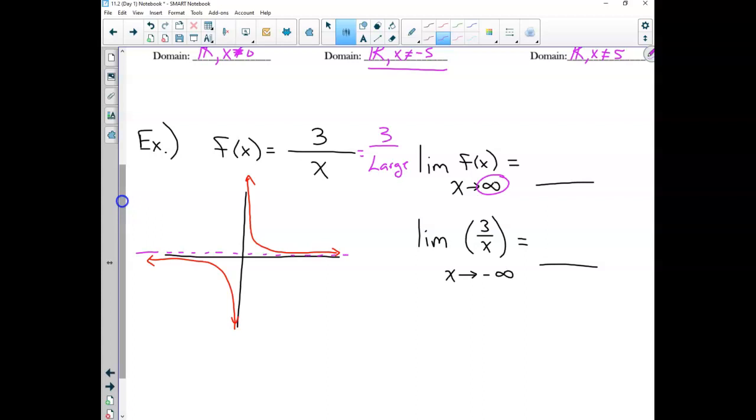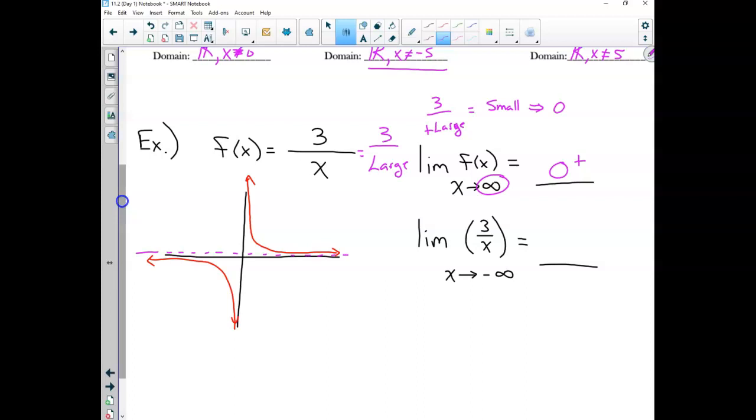Bottom line, it's a positive 3 divided by a positive large number, that's going to give me a very small number that is getting slowly but surely approaching 0 from the top side. Okay, so all I need to do is picture a very large number in there.